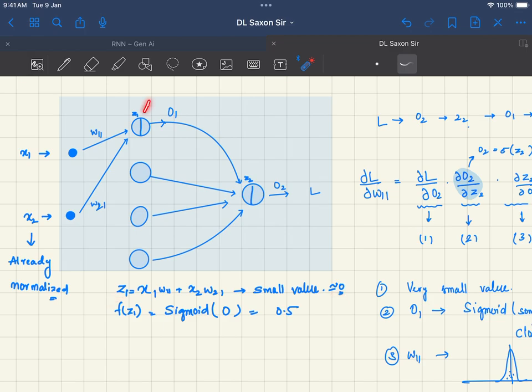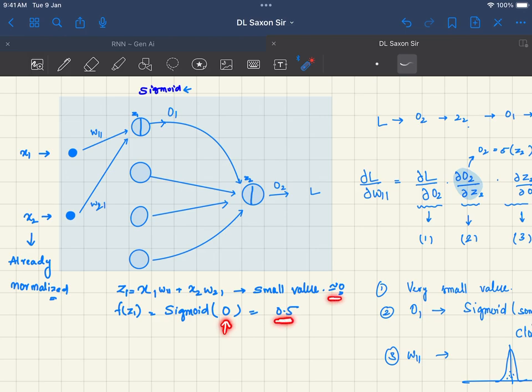We have an activation function. For case 1, let's assume we are using sigmoid as the activation function. When we give sigmoid 0, the output is 0.5.